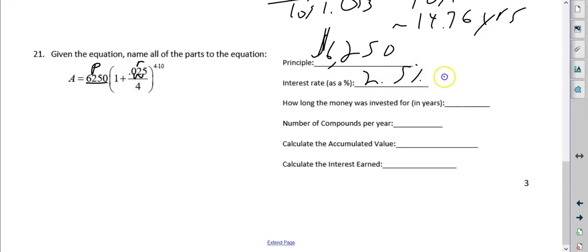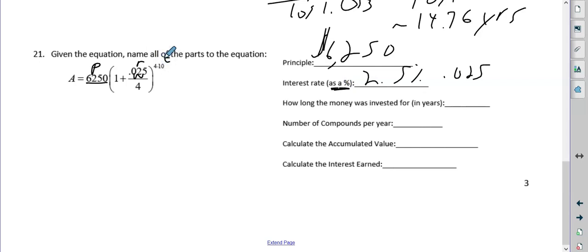If you put 0.025, that is mathematically correct, but it says as a percent, so you would lose like half a point there. So just please make sure you pay attention to what it's asking. If it did not say this, either answer would be fine. We generally write a rate as a percent, but it's understood.